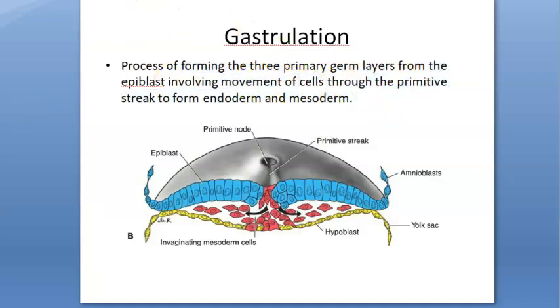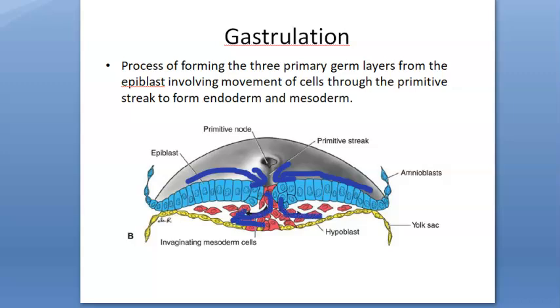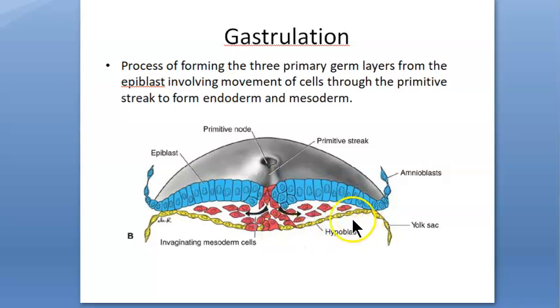So now look at this diagram here. These epiblast cells are in blue, right? That's what they're showing. They migrate, they go into this primitive streak, and then they become flask-shaped cells, and then they go and replace the hypoblast cells. Hypoblast destroyed. Poor guy. The hypoblast gives way, and whichever epiblast goes and sits in the hypoblast's place becomes what?